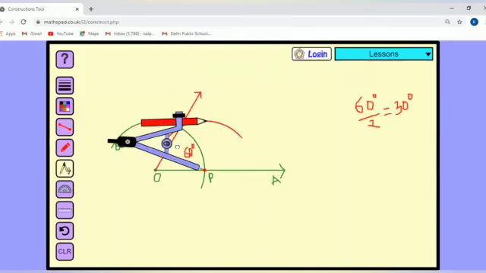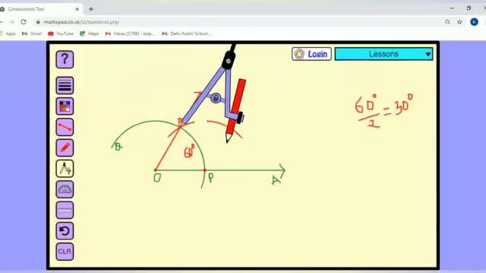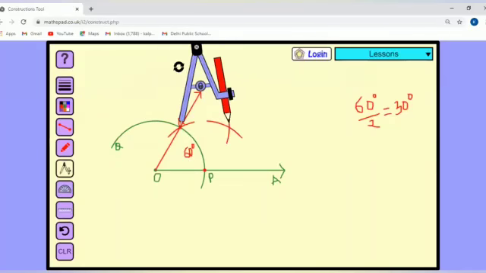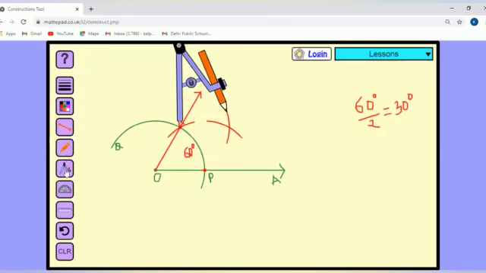Now taking R as center, cut the previous arc. You will get an intersecting point, name it as S. Join O to point S and increase this OS segment to draw a ray.